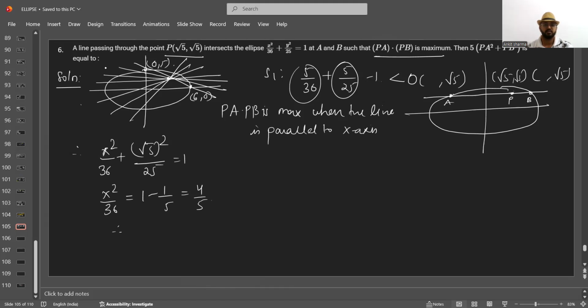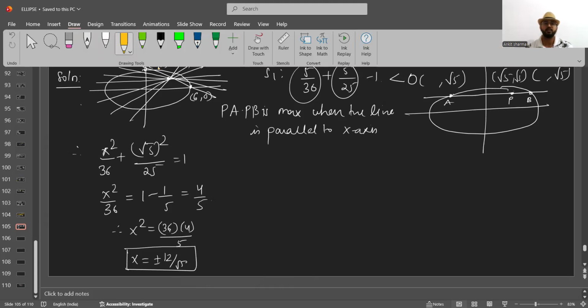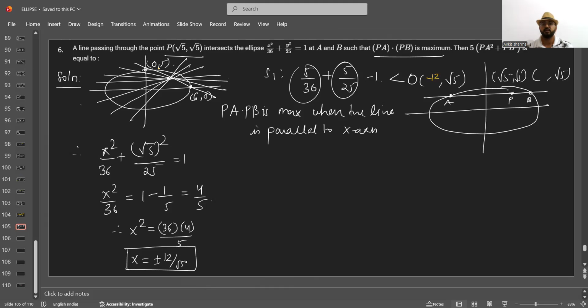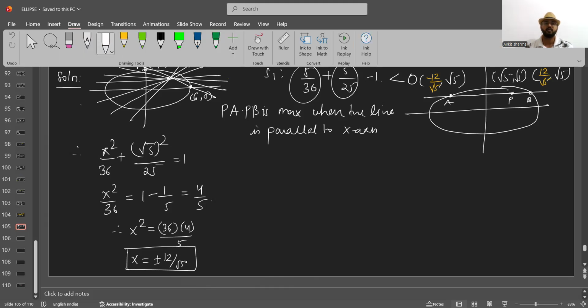So x square is equal to 36 into 4 over 5. From here we get x equal to plus or minus 6 into 2, which is 12 by root 5. So we now get both the points: this is minus 12 by root 5, and this one is 12 by root 5.